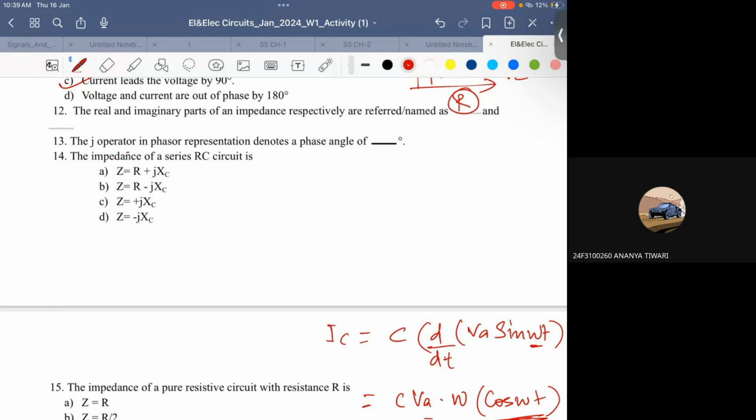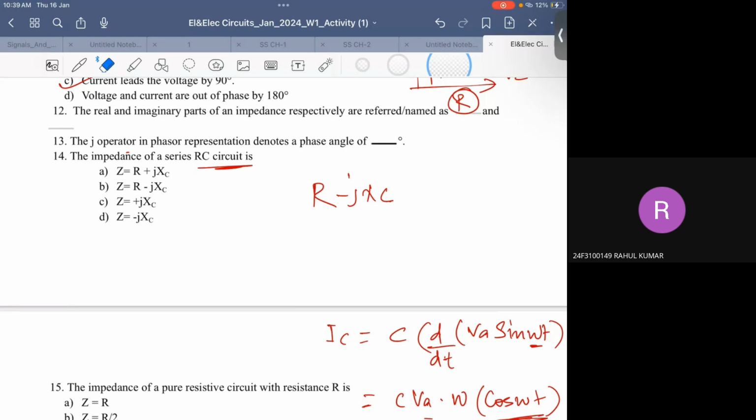Next, the impedance of the RC circuit. What is the impedance of an RC circuit? R minus jXC, correct.